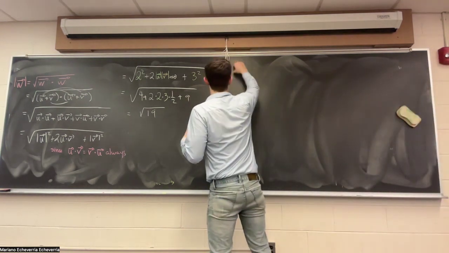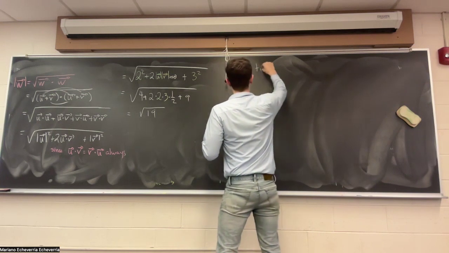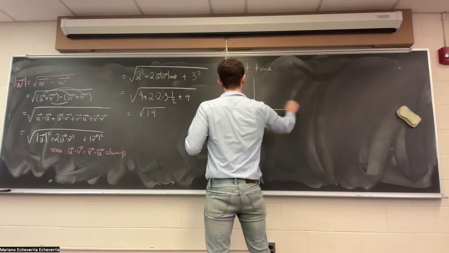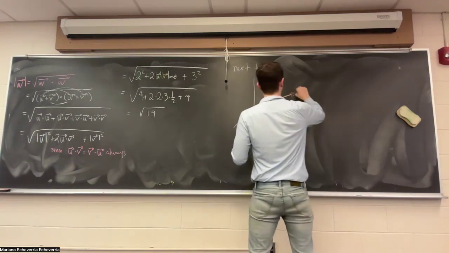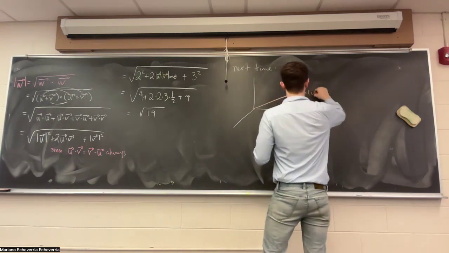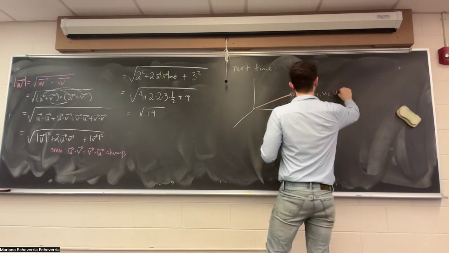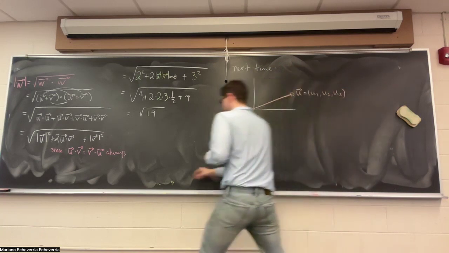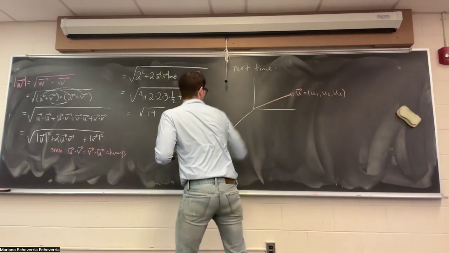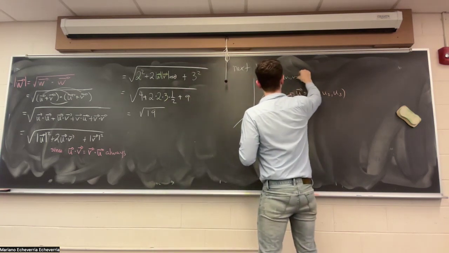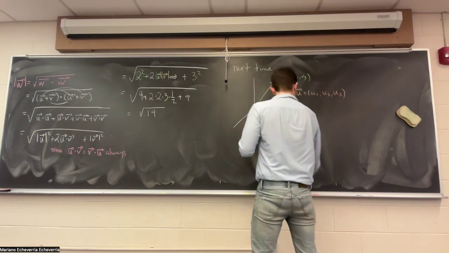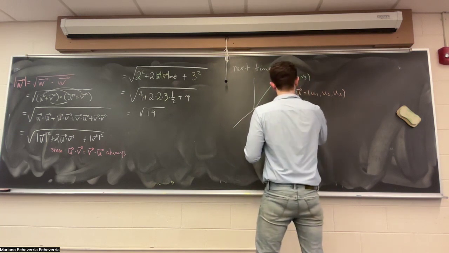This other formula works. So next time, what I'll explain is that if you have two vectors U and V, let's say you have a vector U, which has entries U1, U2, U3, and a vector V, which has entries V1, V2, V3.